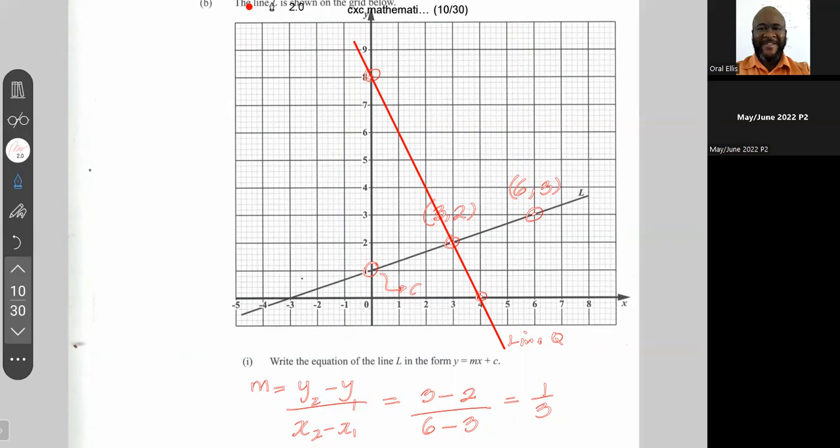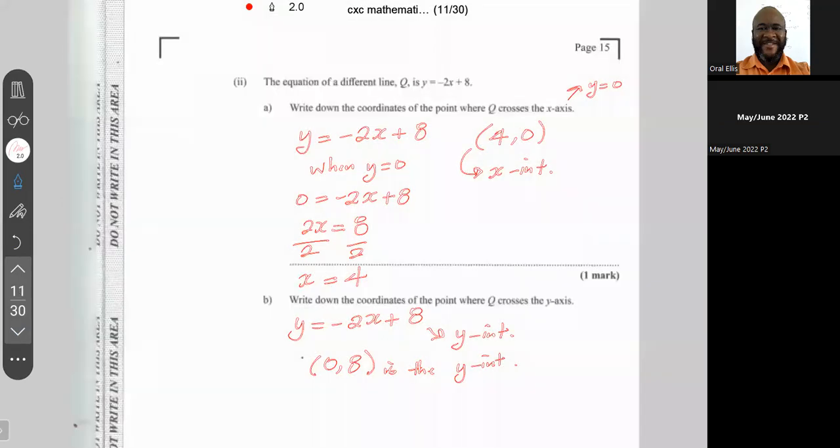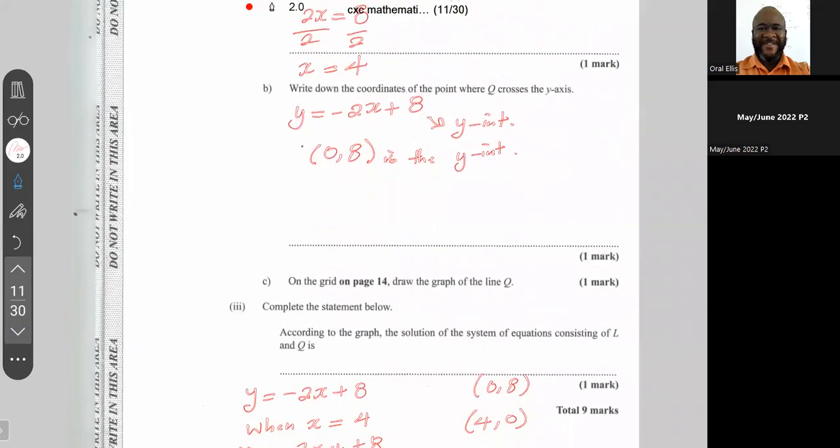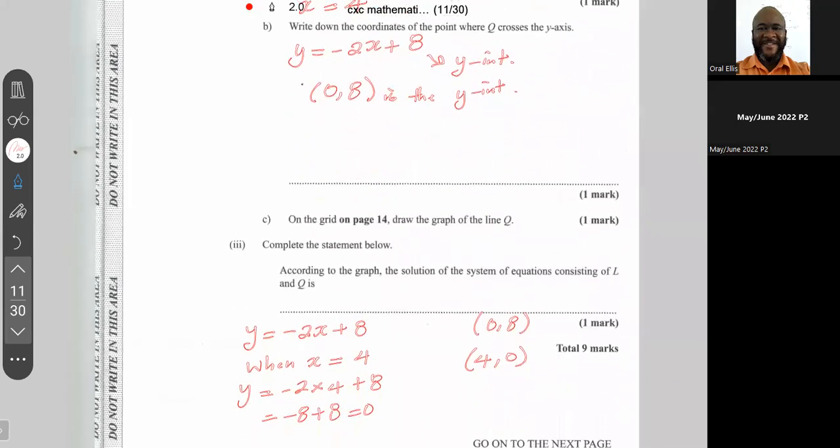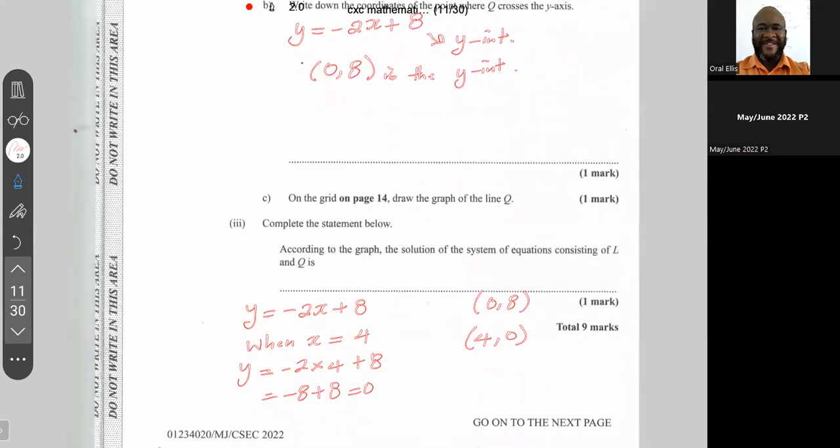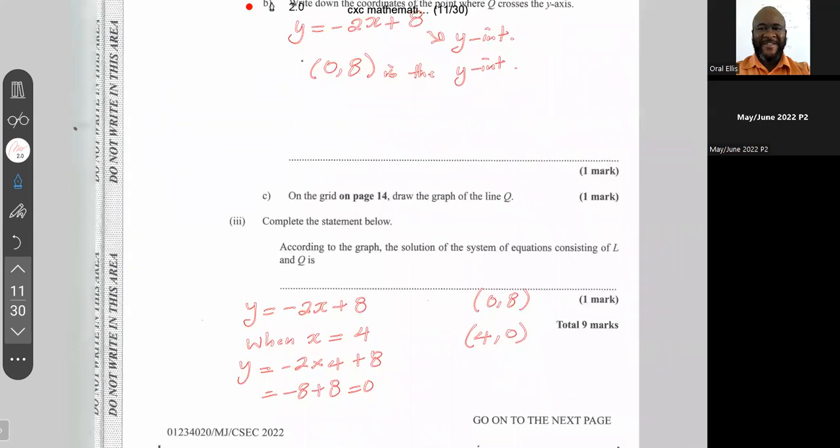The 2 lines intersect at the point 3, 2. So next we're asked, according to the graph, the solution of the system of equations consisting of L and Q. The solution of the system of equations is another way of saying solving the 2 equations simultaneously.